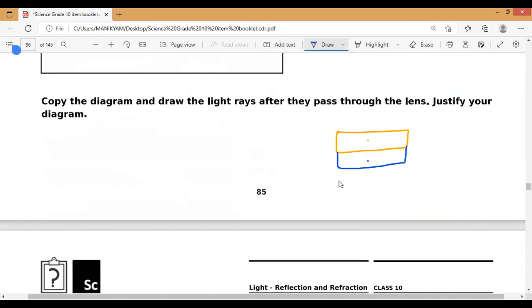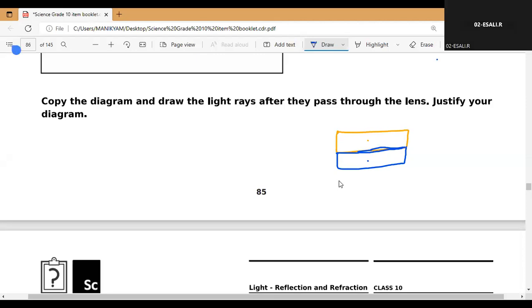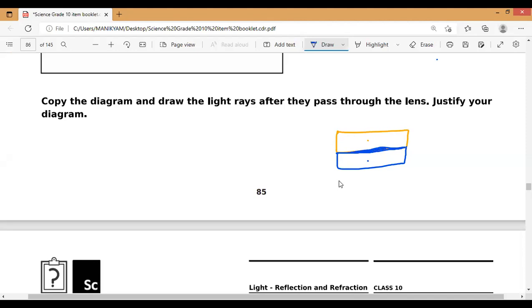Remember, refraction takes place only at the interface. Both are transparent media. The refractive index of medium 1 is not equal to that of medium 2, but still no refraction will take place in a particular case.